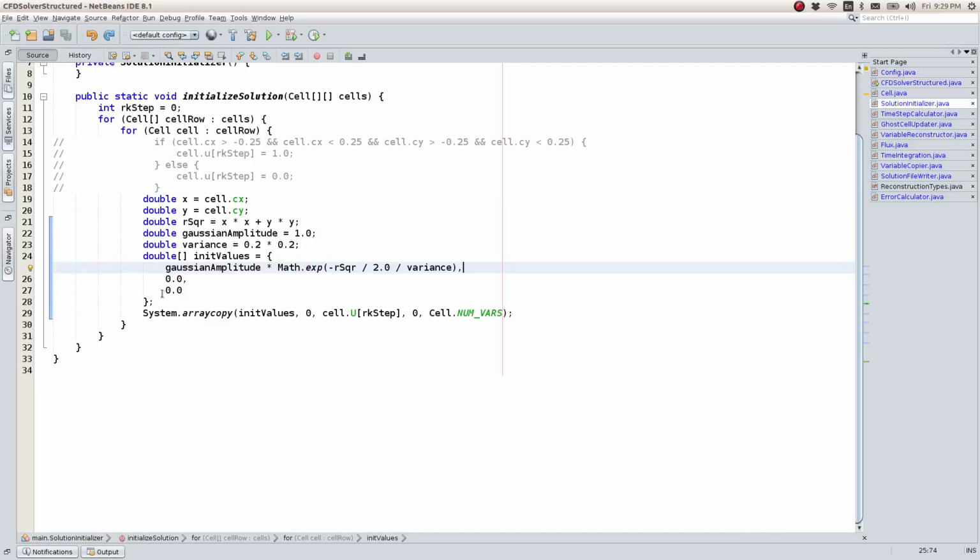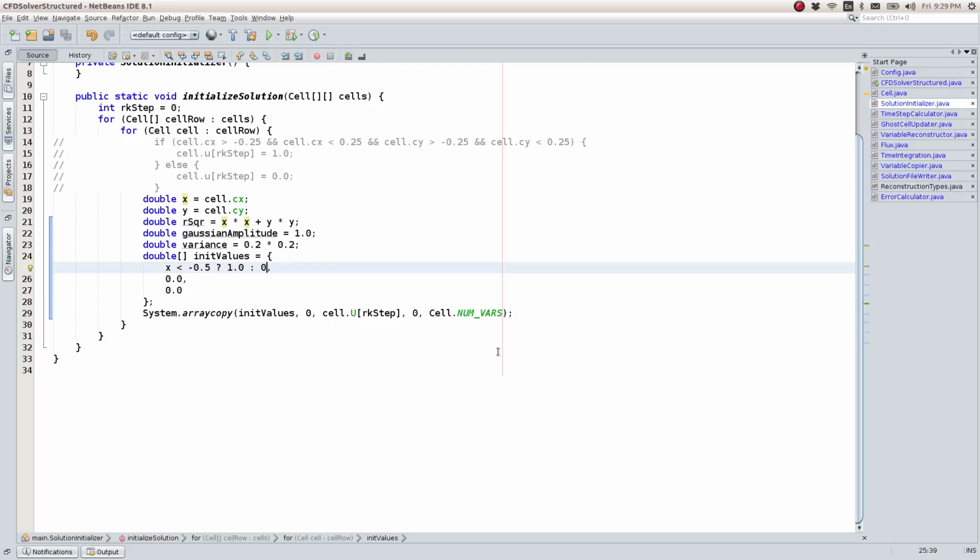So let's change the initial conditions now. Instead of this, let me change this to say something like if x is smaller than minus 0.5, then make it equal to 1, otherwise make it equal to 0.